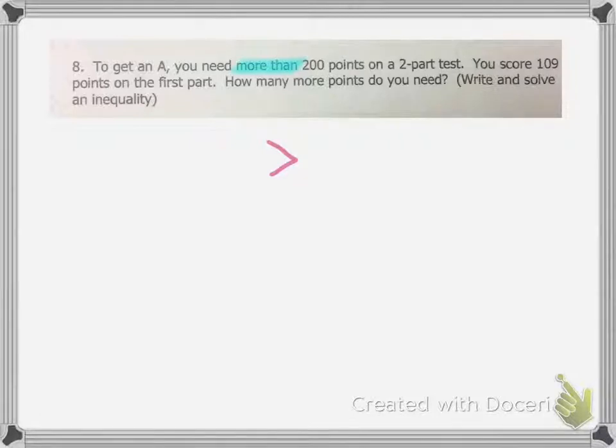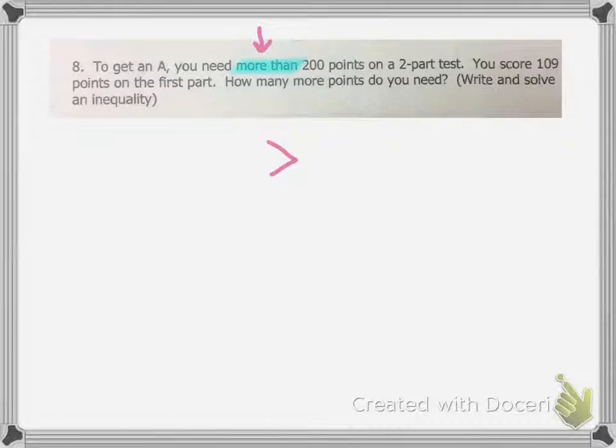Now, ask yourself, what if you get exactly 200 points on the test? Will you get an A? Well, it says we need more than 200 points, and since exactly 200 is not more than 200, we're not going to use greater than or equal to, we're just going to use greater than.